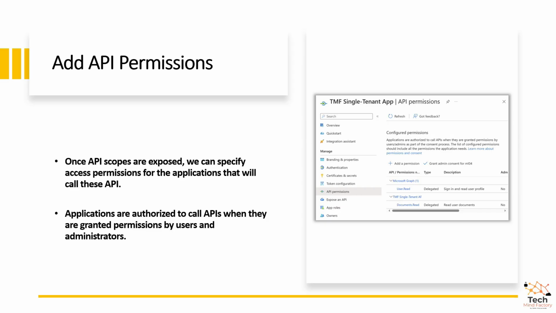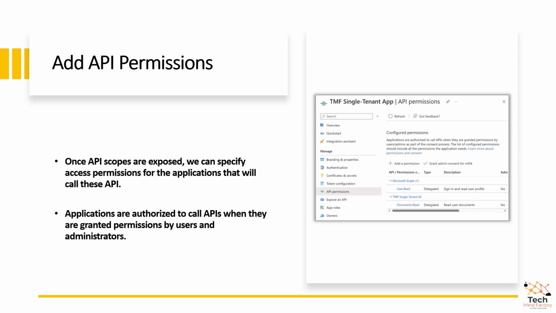That's very important, right? In this specific video, we do not talk specifically about OAuth concepts, but the important thing is that before an access token is returned from Entra ID, user or administrator consent is required, right?